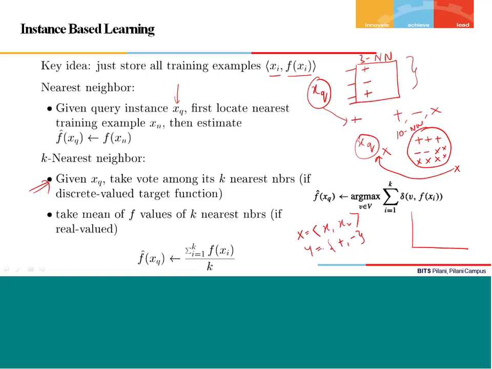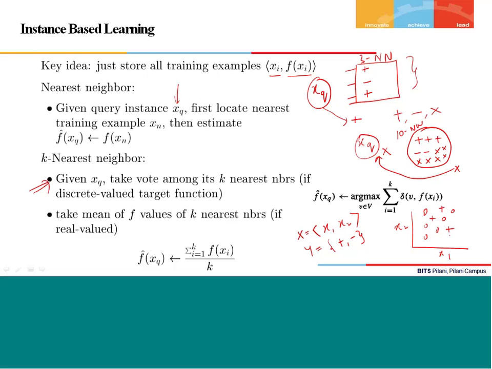So when I draw these things in a two-dimensional plane, how can I do this? Let's say this axis belongs to x1 and this axis belongs to x2. Now these are some points where I plot my class labels, and this is what I got, right?